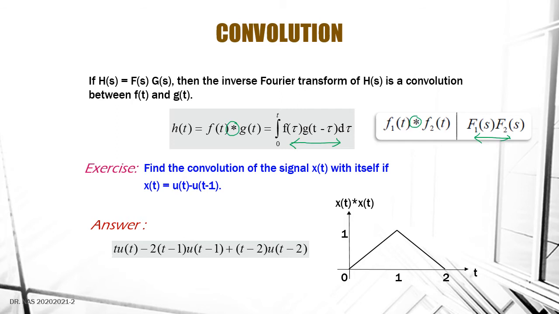Okay, let's look at the example. Find the convolution of the signal x(t) with itself, meaning that your signal x(t) is convolved with itself. You need to use the Laplace transform to solve this problem.